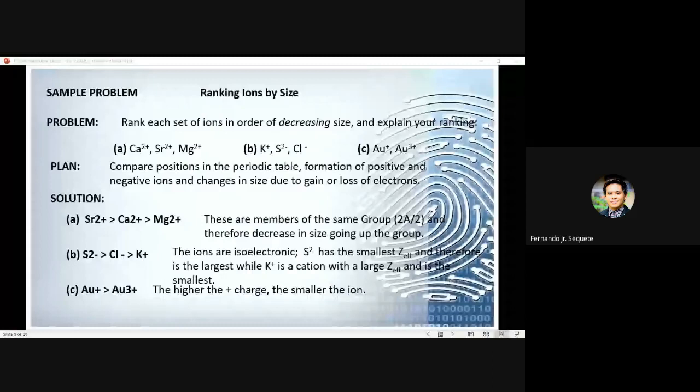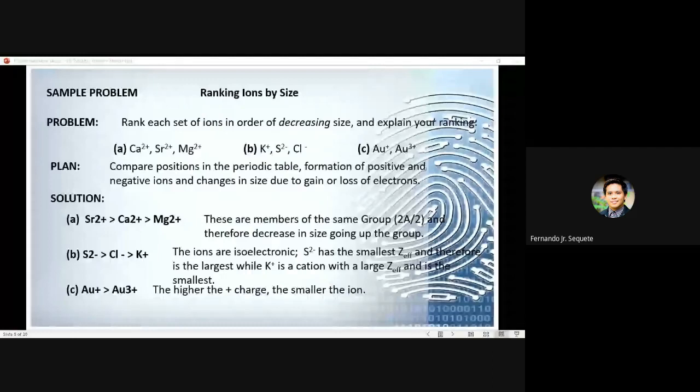Therefore then children, our pattern, sulat na ako. Our pattern now when it comes to ionic size is decrease in size going up. Ionic size, top to bottom, increasing.